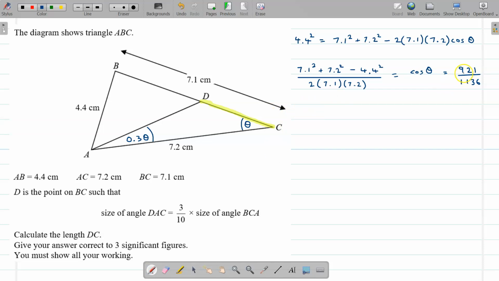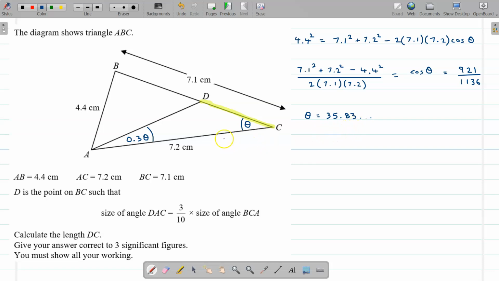So if you put shift cos that fraction into the calculator, make sure it's in degrees, you will find that it comes out to be 35.83176. I'm just going to go 83, and it goes on after that, but that's enough to use with reasonable accuracy.